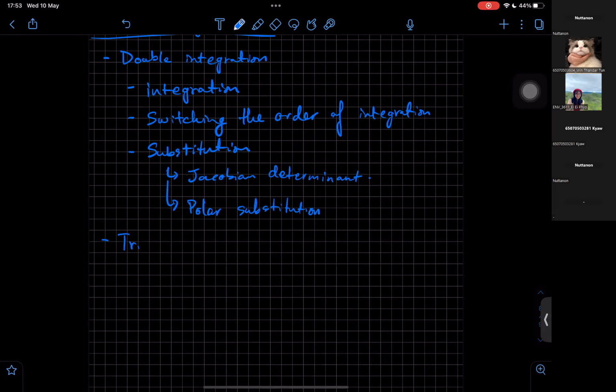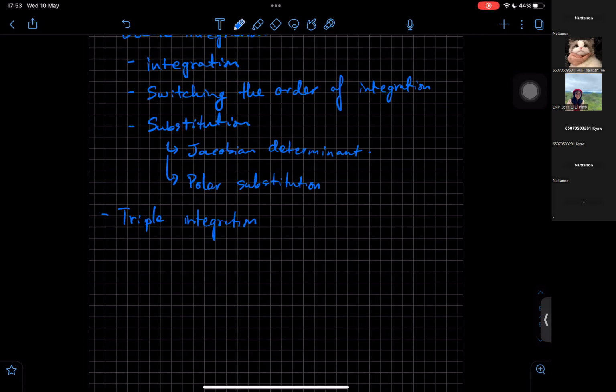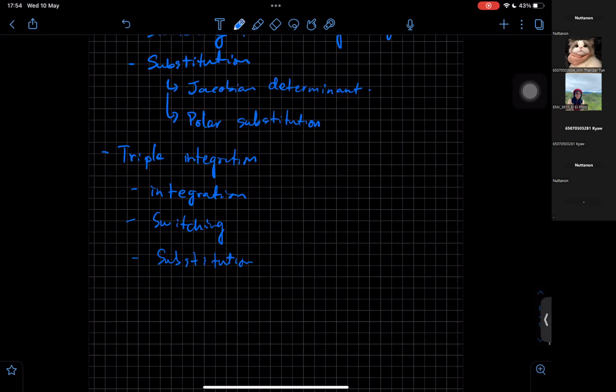For the triple integration, I think it's switching a little bit, right? The substitution, okay? The Jacobian you already have, right?